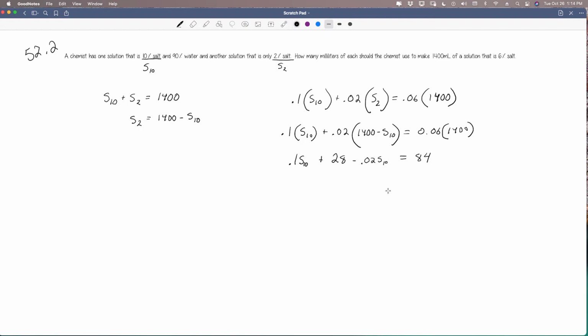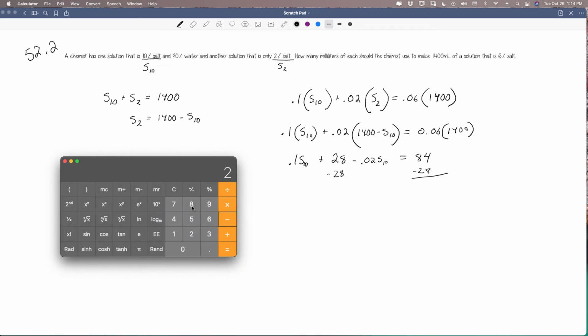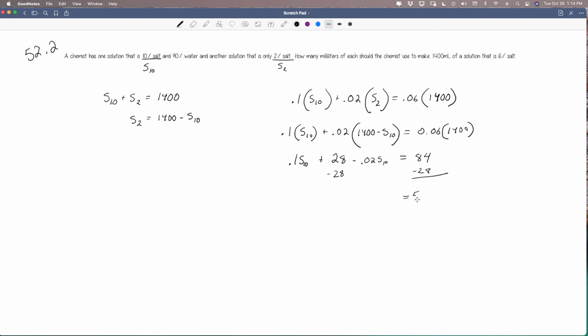All right. Now I can subtract 28 from both sides, and I'm going to use my calculator because my brain hurts. 84 minus 28 equals 56. That's 56 here. And we are going to subtract these from one another. That's the minus sign right there because it's canceled. 0.1 minus 0.02, oh, I'm sorry.